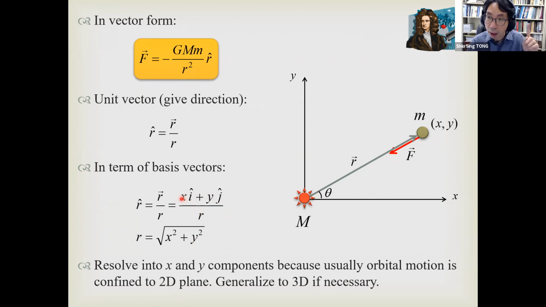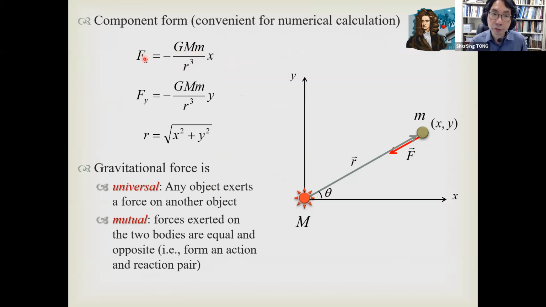For the x component, I have x. For the y component, I have y, right? So the x component of the force becomes something like this, and the y component becomes something like this. And do not forget, the r here is not a constant. The r here is also a function of x and y, so it depends on x and y.